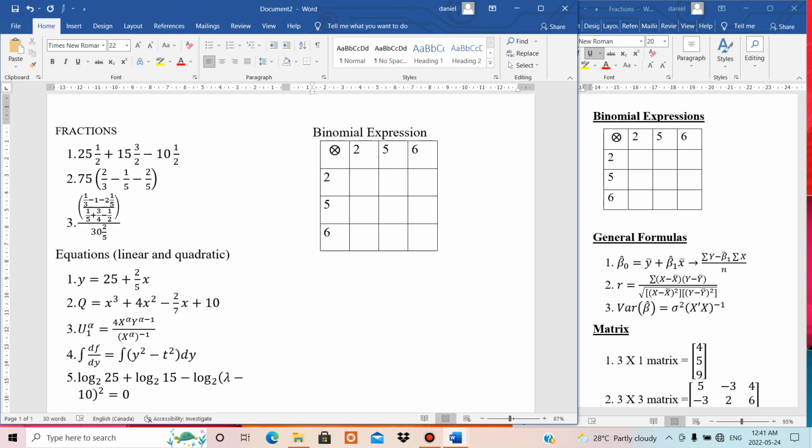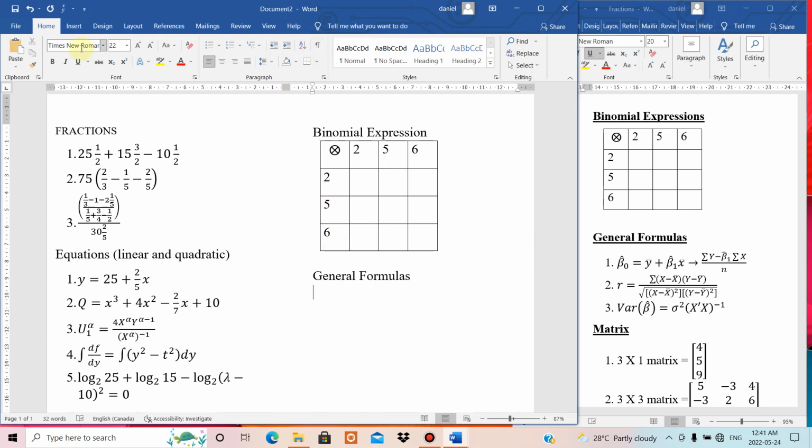Quickly, let's type these general formulas. The first formula that we are seeing is the estimated beta naught formula. It is used in econometrics, if you estimate in a regression model, a linear regression model.